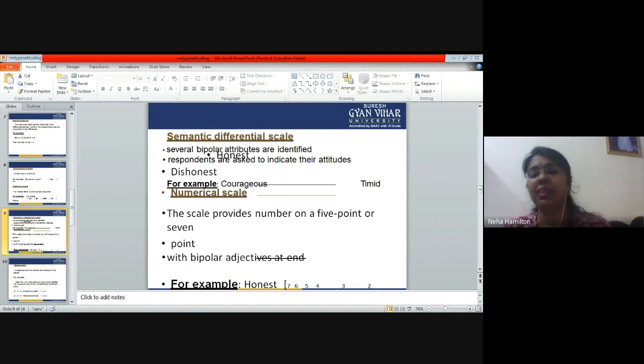Then we have semantic differential scale. In the semantic differential scale, several bipolar attributes are identified and respondents are asked to indicate their attribute. See, when we want exact answers from the respondent on a particular emotion, on a particular quality, we use the semantic differential scale.